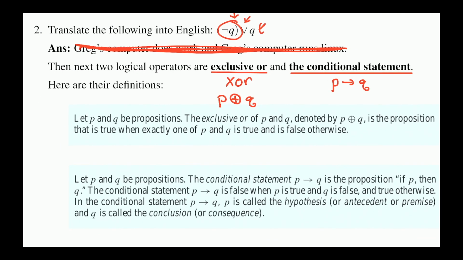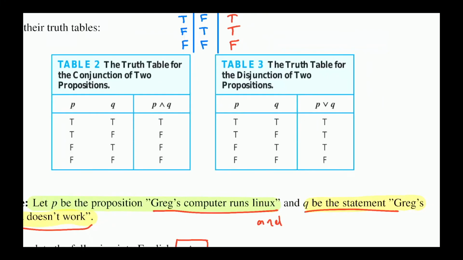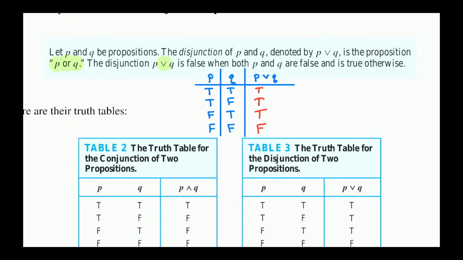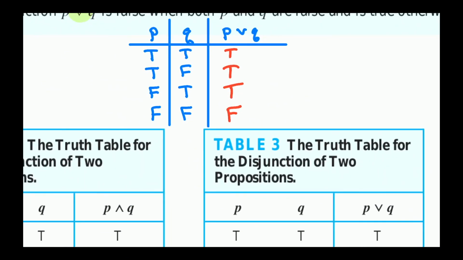So exclusive or versus or, right? We had or up here. So remember how or worked. Let's look at this truth table a little bit. If you have true or true, then the result is true.